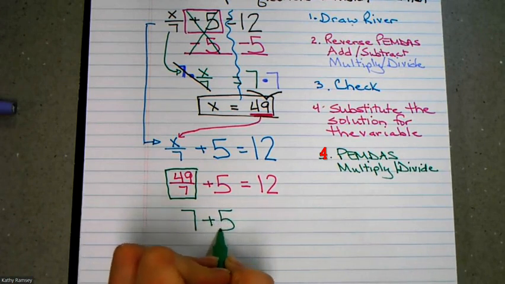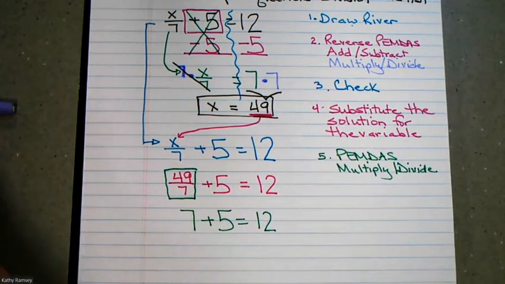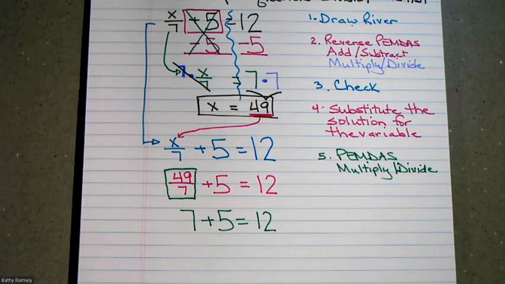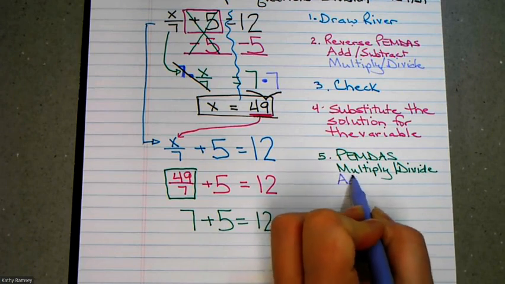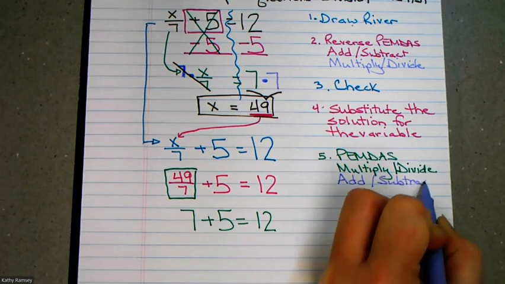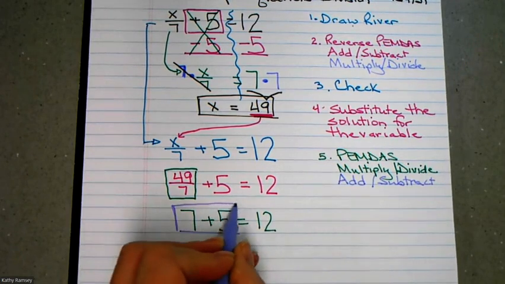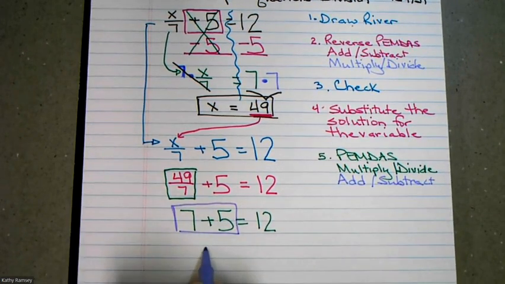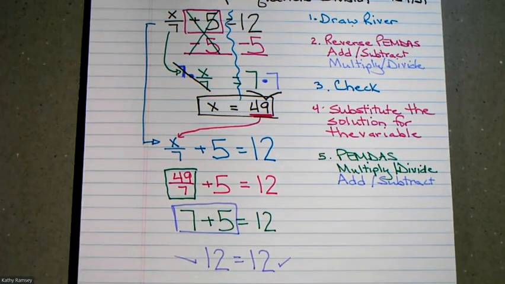And we'll bring down our plus 5 equals 12. Then we can add or subtract. So we have an addition set right here. 7 plus 5 is 12, which equals 12. That is a true statement.